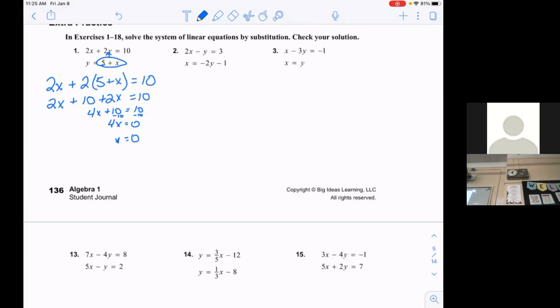So what happens if I put a 0 in there? y equals 5 plus 0, which is 5. So that means y equals 5, and the ordered pair for this solution is 0, 5.